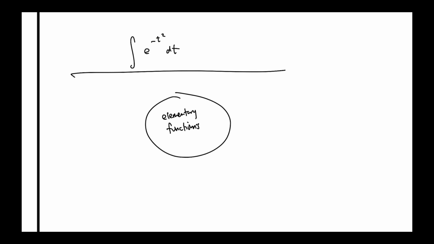So you could say a polynomial is elementary, this other polynomial is elementary, and if I put one polynomial on top of the other and I've got this big horrible fraction, that new function is still elementary. So if you take the derivative of an elementary function, you get another elementary function.